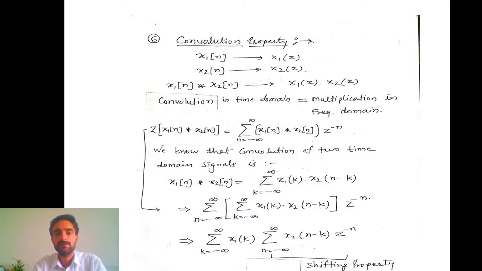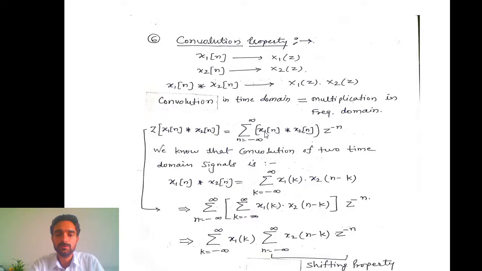There was the same procedure in the Laplace transform also, where we discussed x1 of t convolved with x2 of t is equal to x1 of s multiplied by x2 of s. So in the frequency domain, it's very easy to play with the signals.